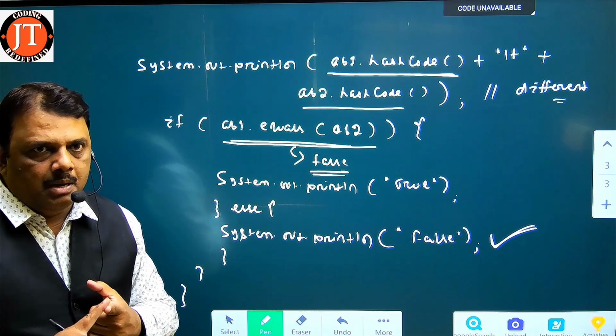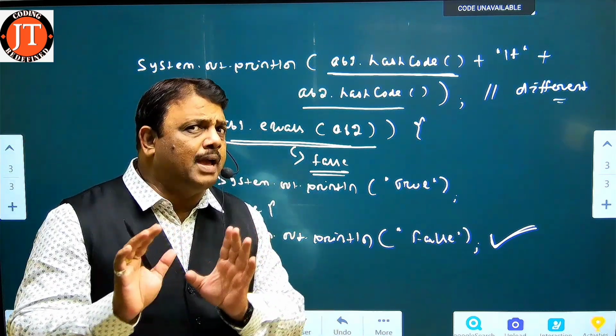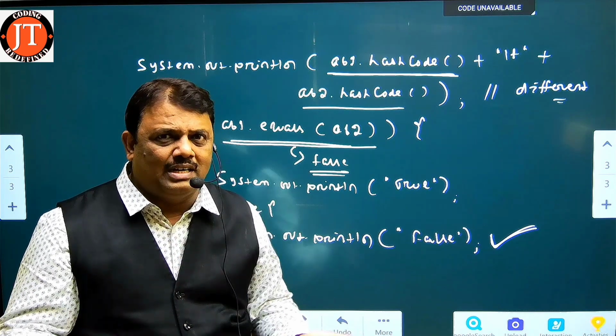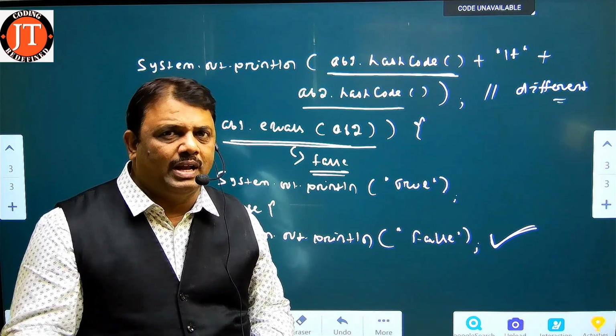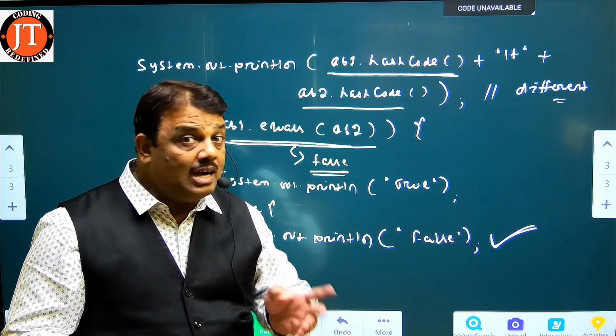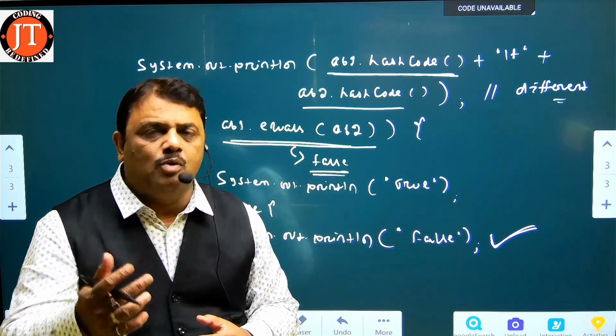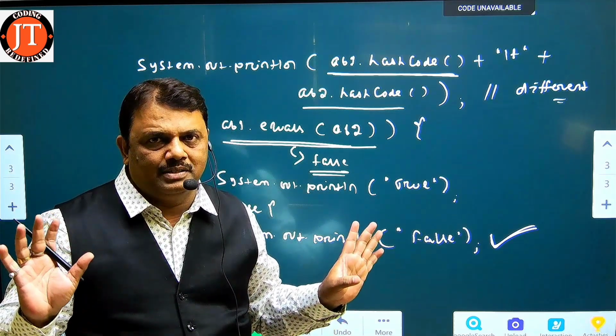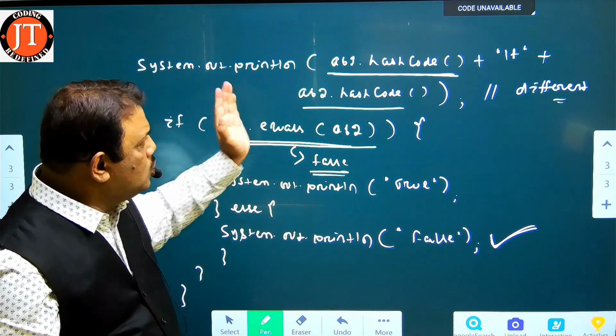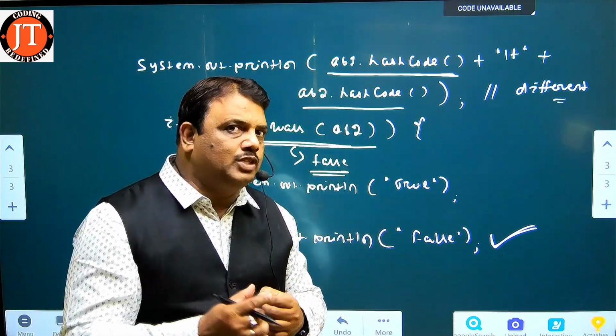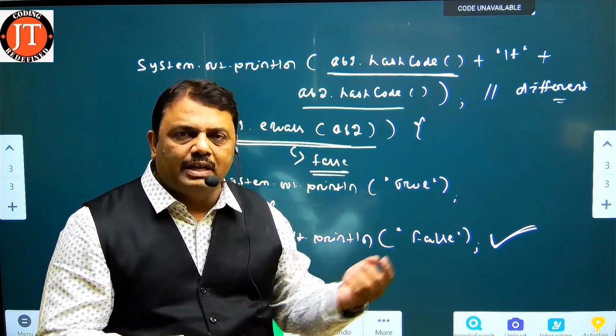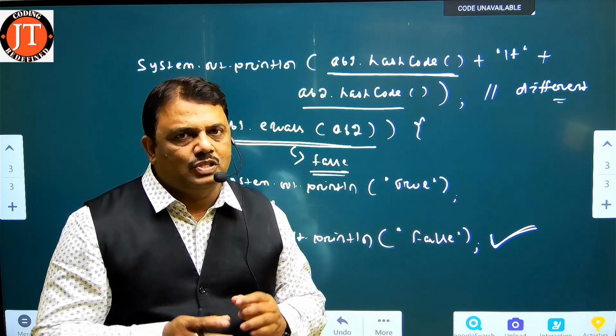When the hashCode values are different, the equals method returns false. But they are called a pair of methods because you know what a pair of methods means: when I override, I can't override a single method. I am bound to override both methods. But when the two references point to the same object, at that time the equals method returns true.